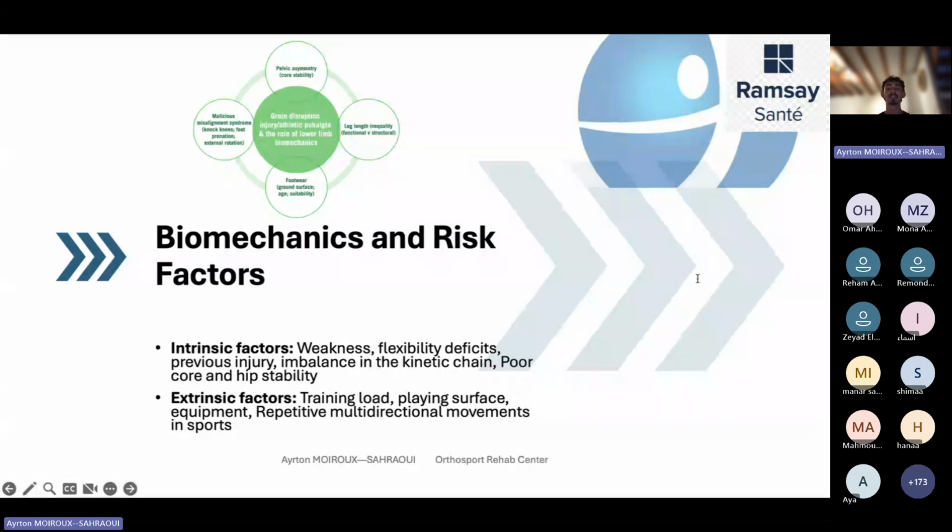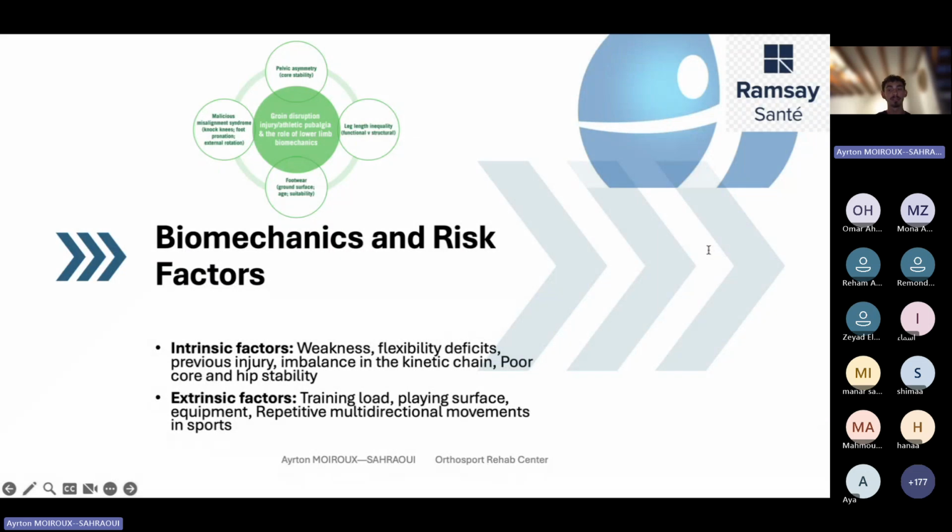This lack of stability is often seen in athletes who have not engaged in targeted core stability training. Also, sports that require frequent changes in direction, lateral movement, or kicking place repetitive strain on the groin. Over time, this repetitive loading without adequate recovery leads to microtrauma, which can accumulate and eventually result in overuse injuries.